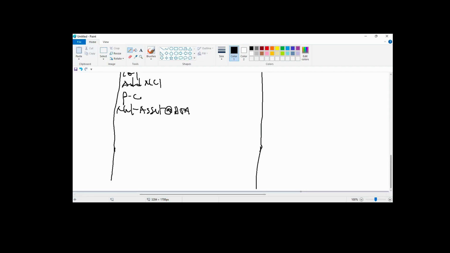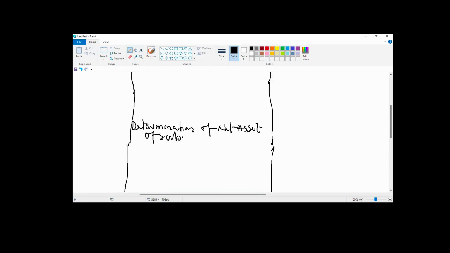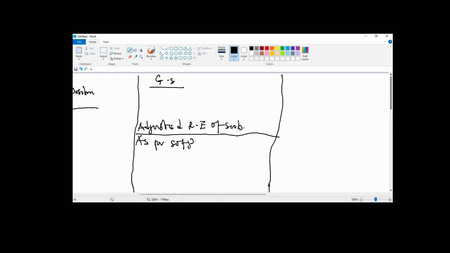I need retained earnings of the parent, which is the consolidated retained earnings, of the parents as per SOFP. I also need the NCI.